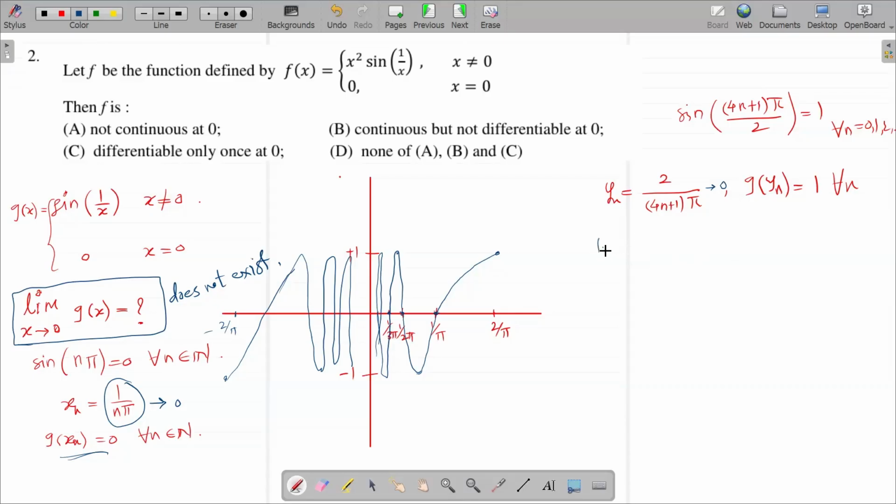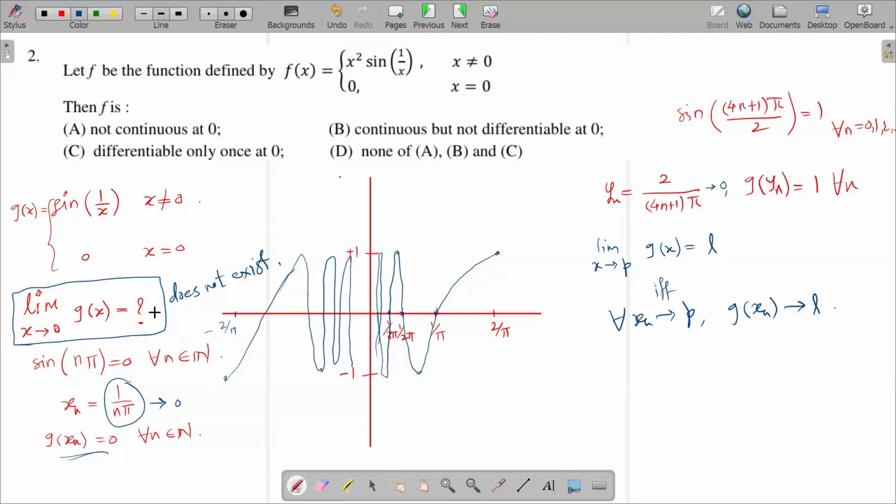Whenever limit x goes to p of g of x, if I want to say it is L, then this is if and only if for every sequence xn converging to p, g of xn must converge to the same L. But here g of xn is converging to 0 and g of yn is converging to 1. That cannot happen. If that is happening, that means the limit doesn't exist.